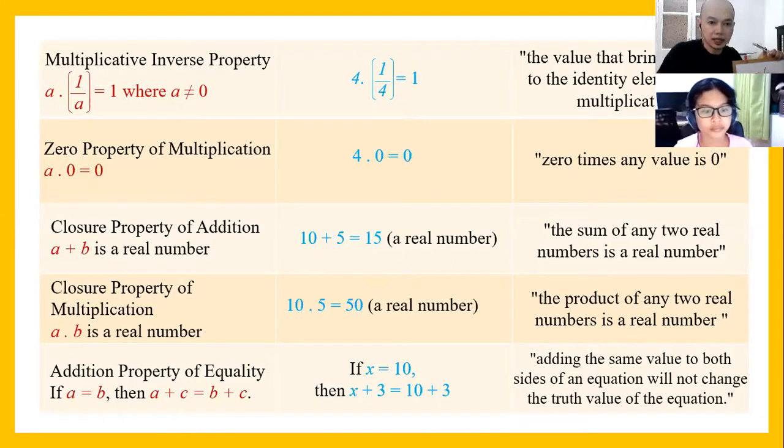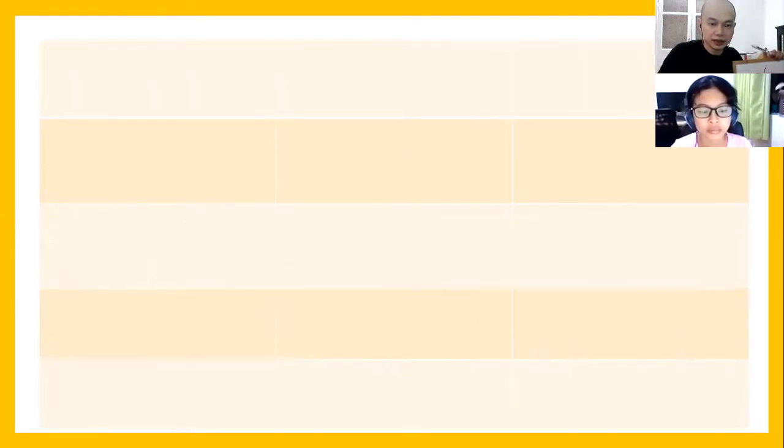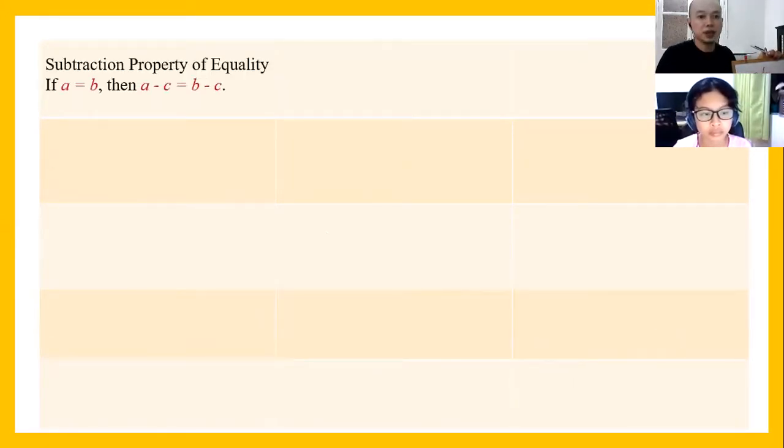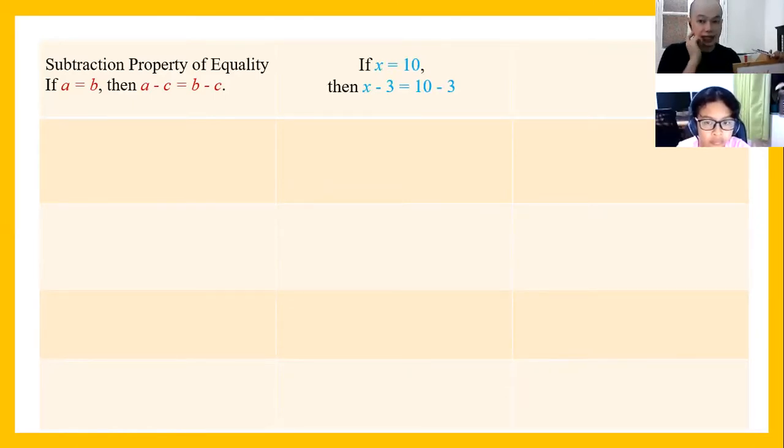Okay, now let's have the next one. Subtraction property of equality, the same. If you add the same value to both sides, it will also be the same as subtracting a value from both sides, okay? So for example, x is equal to 10, then x minus 3 is equal to 10 minus 3.